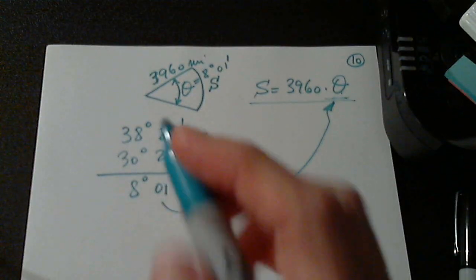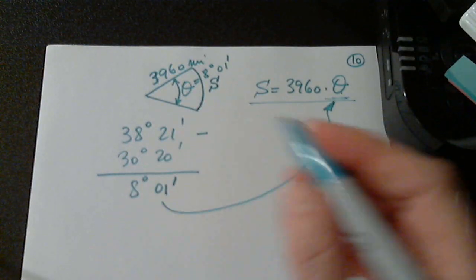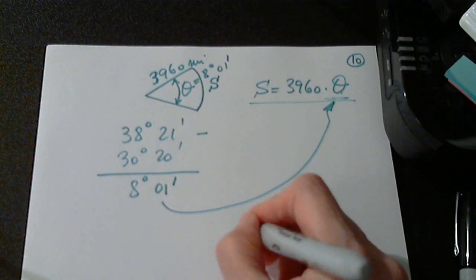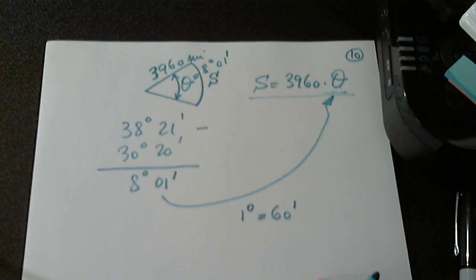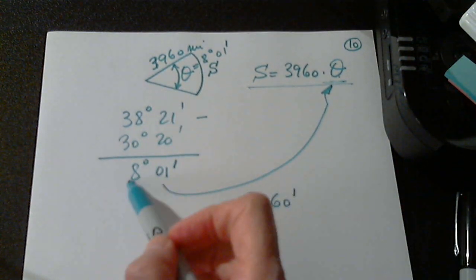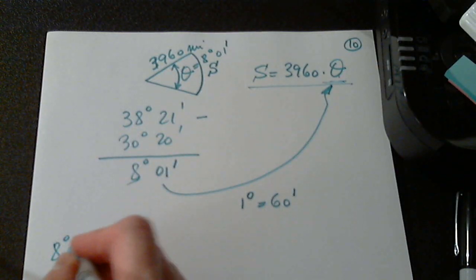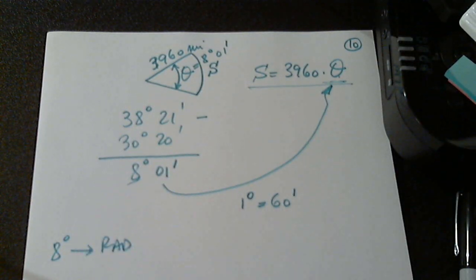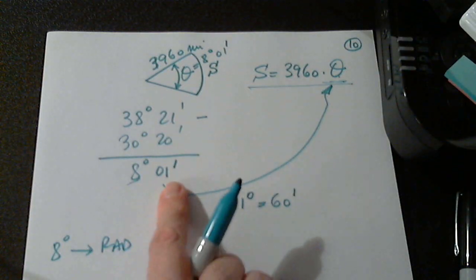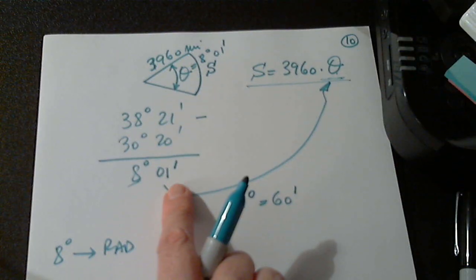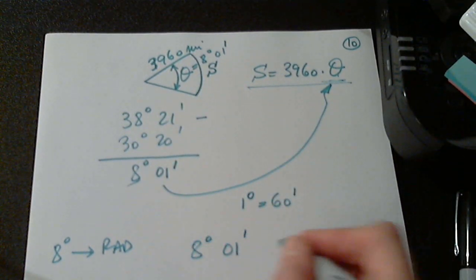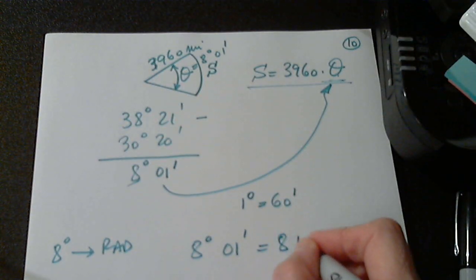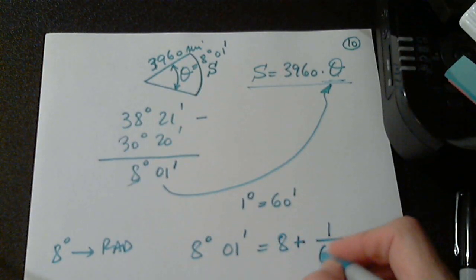Okay, perfect. I have two pieces to worry about. One thing that I would like to remind you is that 1 degree equals 60 minutes. So the 8 degrees will be very easy to change into radians. That's no problem. But I also have to worry about the minutes. There is 1 minute here. Well, 8 degrees and 1 minute represents 8 plus 1 divided by 60.